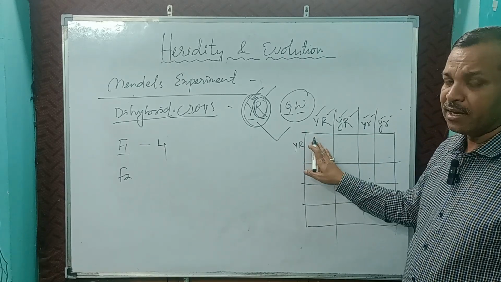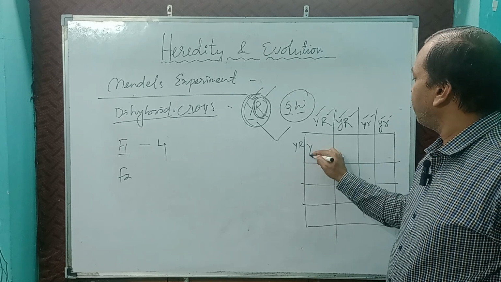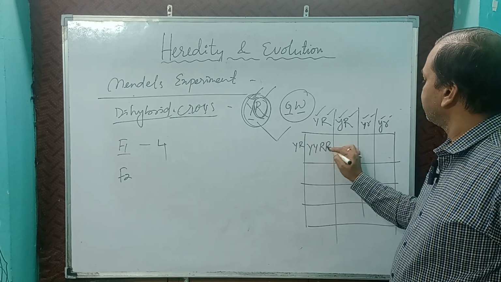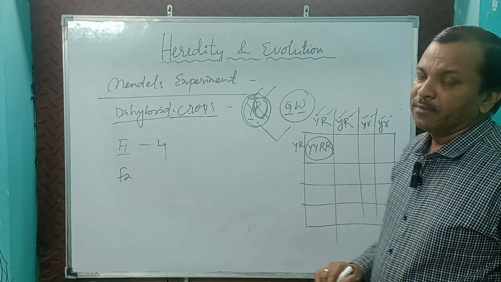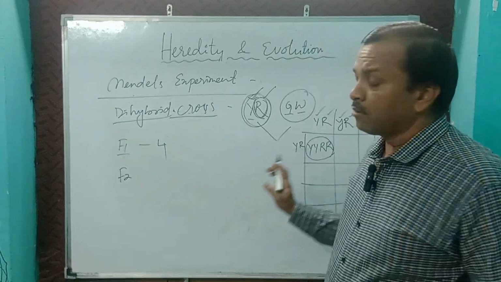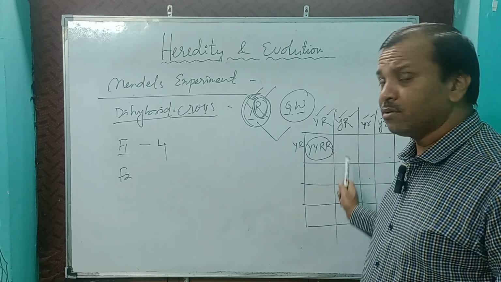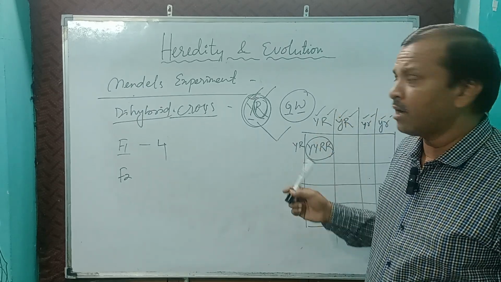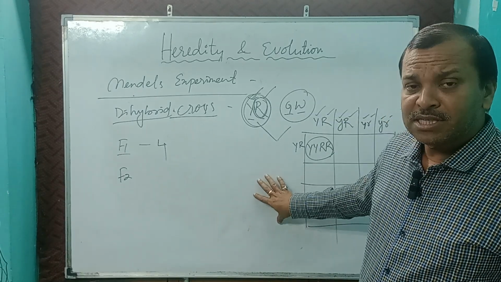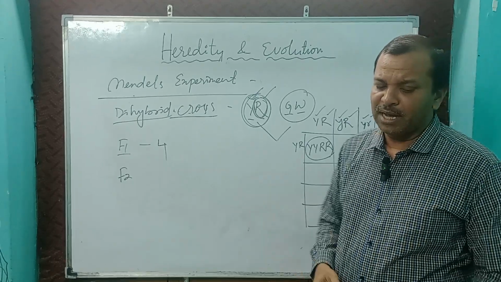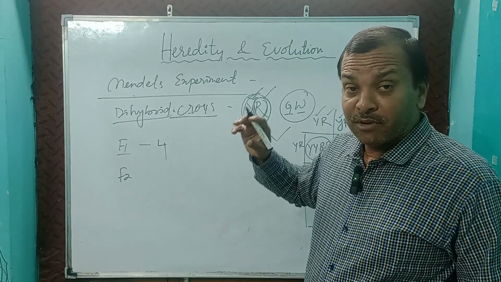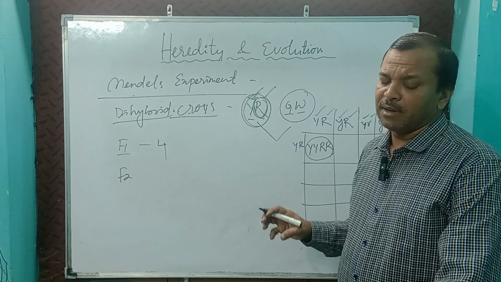Then what will we get here? We will get YYRR. It is pure yellow and round. Clear? Like that we have to fill the table. Same thing will occur, but there is no need to remember this table. But what will happen, we have to remember, as it will come in your exam.